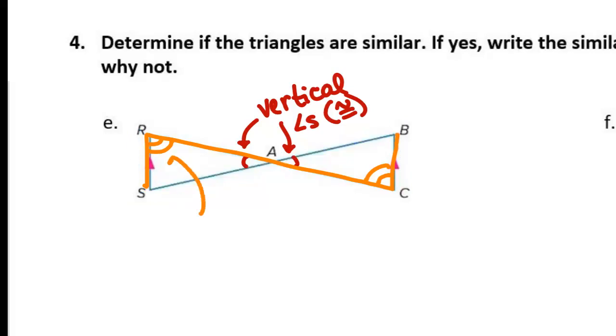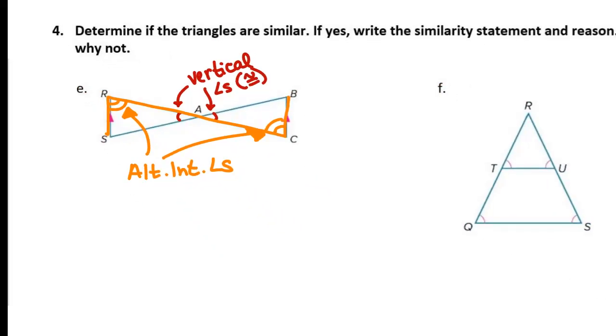Does anybody remember what we call these angles? These are alternate interior angles. And because the lines are parallel, those alternate interior angles are congruent. So the triangles are similar by angle, angle similarity.